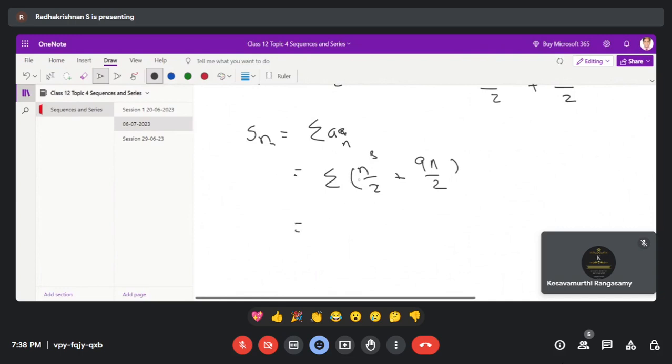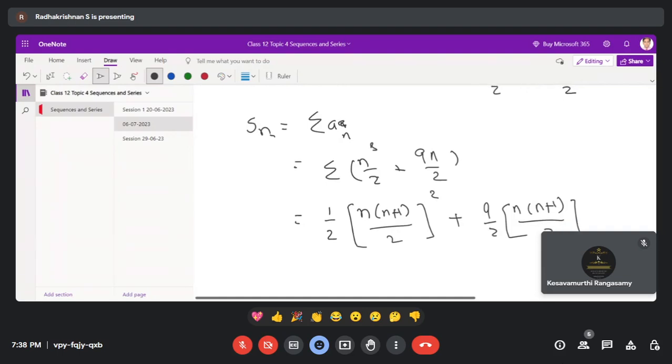Sigma n cube is n into n plus 1 by 2, whole square, plus 9 sigma n, which is n into n plus 1 by 2. So these formulas you should know. Sigma n square is n into n plus 1 into 2n plus 1 by 6. Similarly, sigma n cube is n into n plus 1 by 2, the whole square.